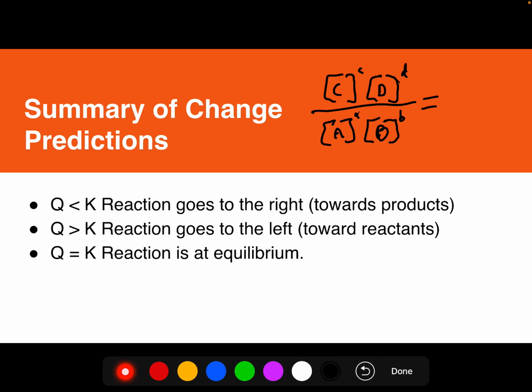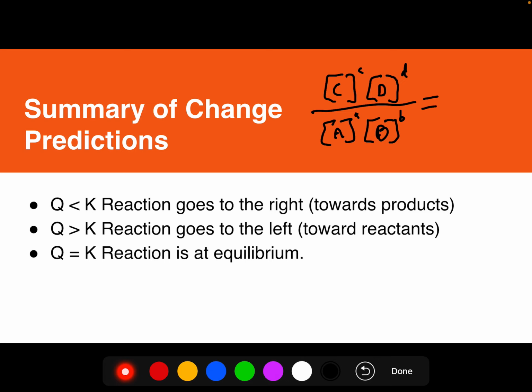So what this means is if Q is less than K, that means we have less products, we have a smaller number up top and a larger number at the bottom than we would at equilibrium. All right? So that means it is going further toward the products to get to equilibrium. So that means it's heading in the forward direction.